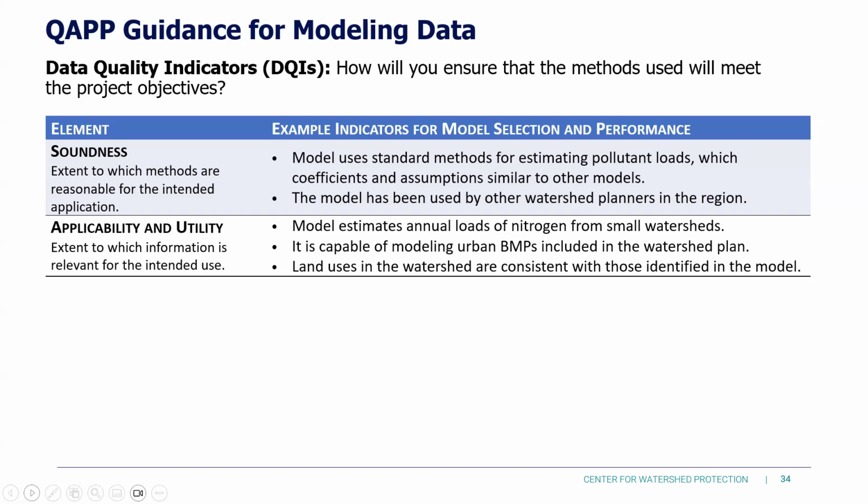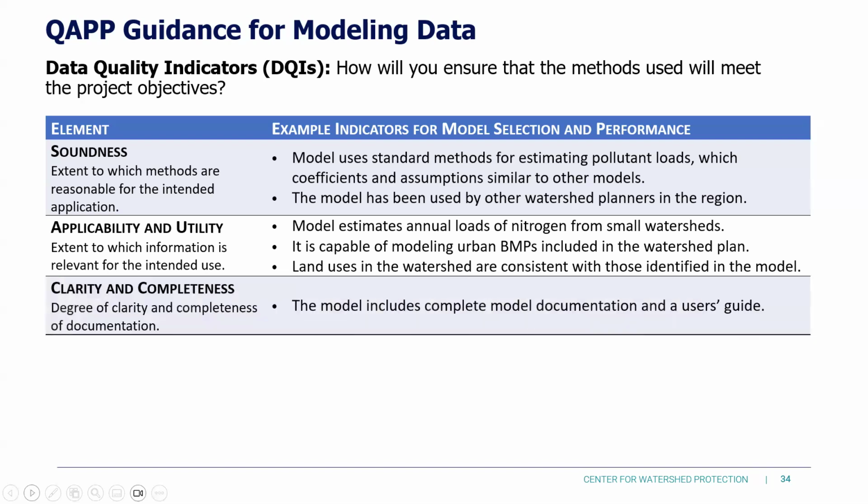One that seems like it's not going to be a big issue, but is often a problem, is that not a lot of models are able to reflect all the different kinds of BMPs. So one of the applicability checkboxes is capable of modeling urban BMPs included in the watershed plan. And the third one is the land uses in the watershed are consistent with those identified in the model. There's lots of models that are only good for urban areas or only good for rural areas.